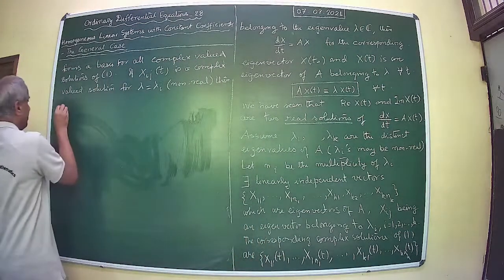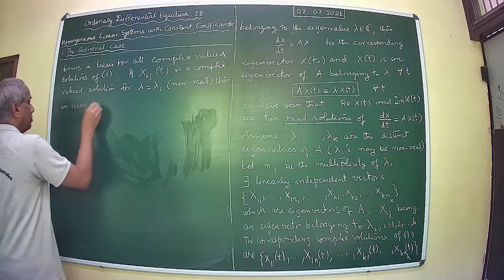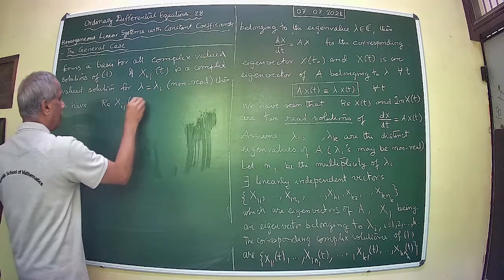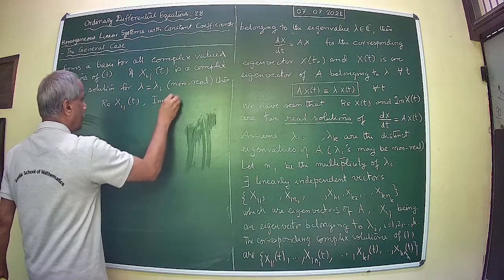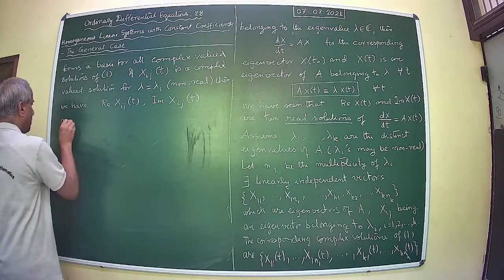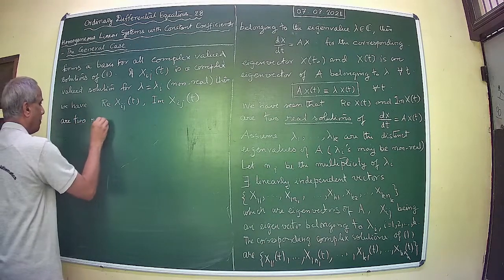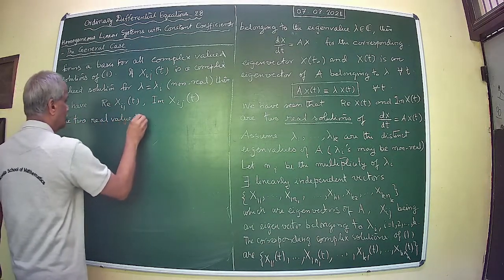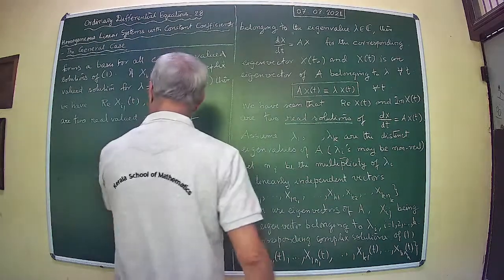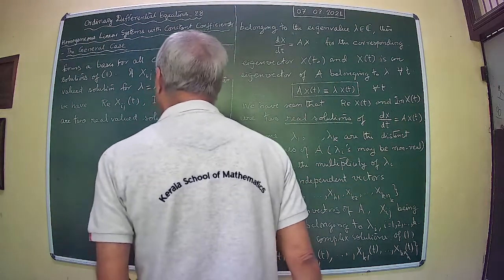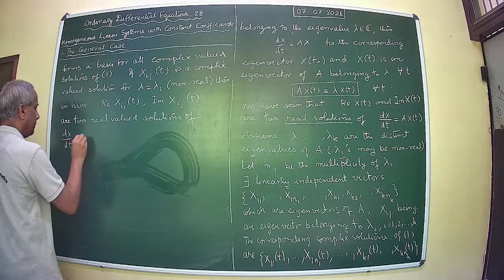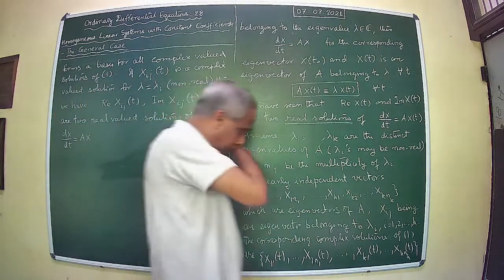Then we have R2, real valued solutions of dx by dt equal to Ax.